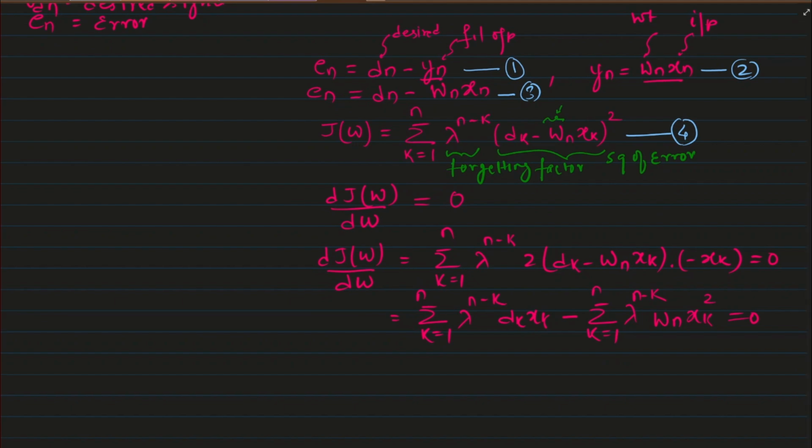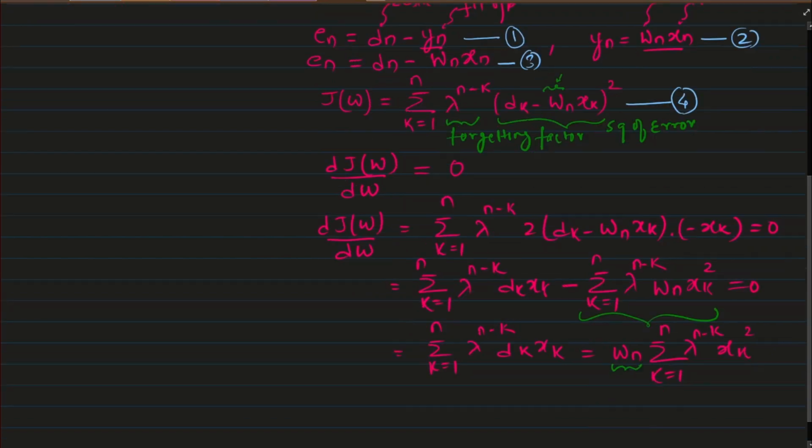So I will take this expression to the other side of the equation, and it becomes this equation. My objective is to find the weight which minimizes this entire sum of squares.